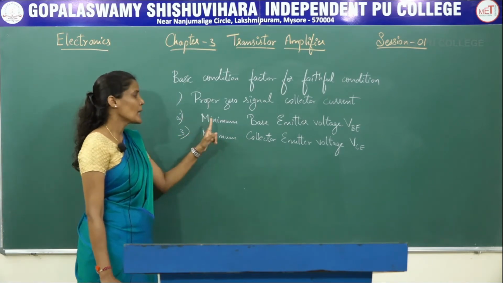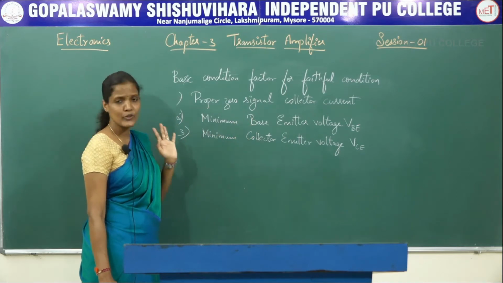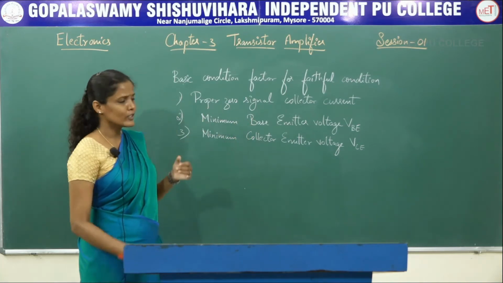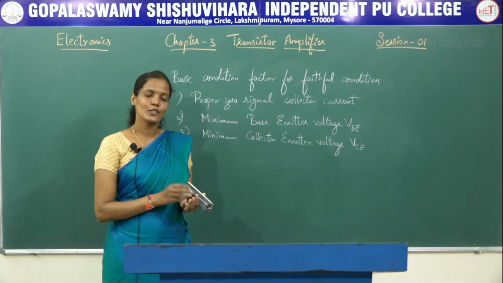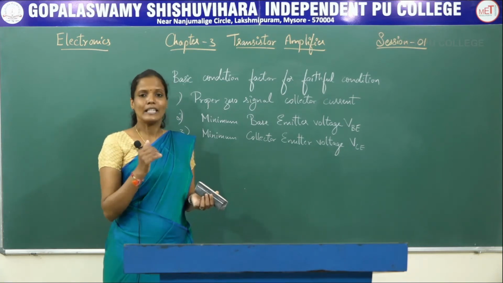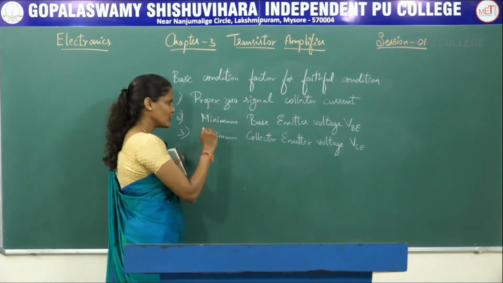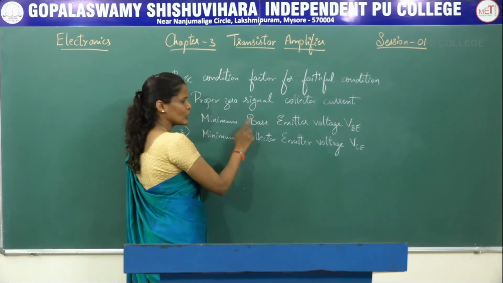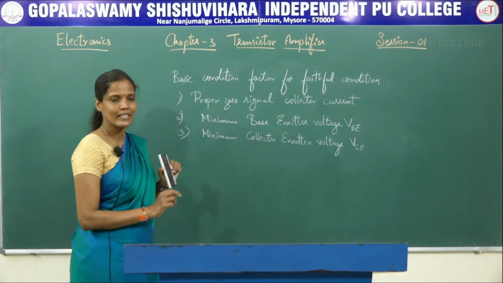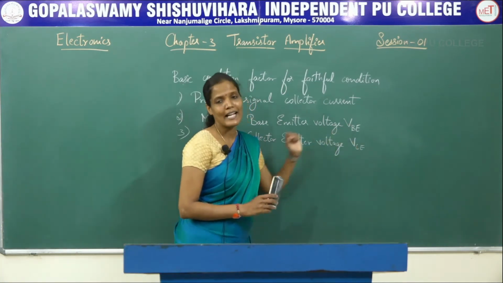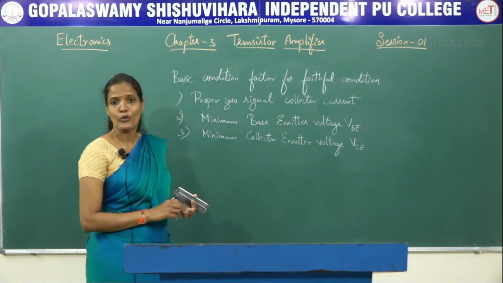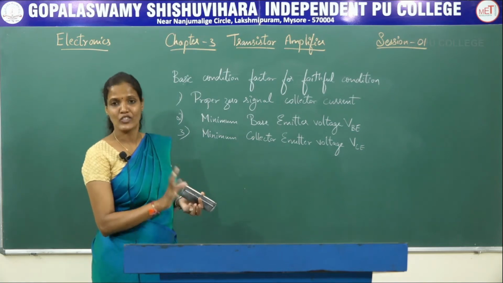The second one is minimum base emitter voltage VBE. Just now I told you that for a transistor to be working as an amplifier, there is a need for biasing. While biasing, we have to make sure that the minimum amount of base to emitter voltage is always applied between the emitter and the base terminal in order to forward bias the base to emitter junction.